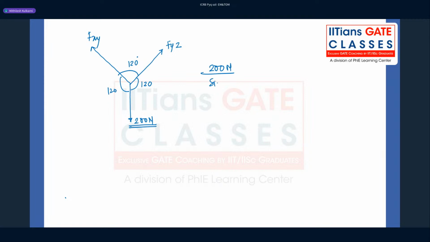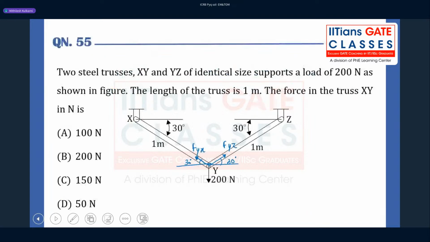So 200 Newton divided by sine of 120 has to be equal to Fxy divided by sine 120, is equal to Fyz divided by sine of 120. We can clearly see the denominators cancel out, and you can clearly write Fyx is equal to Fyz is equal to 200 Newton. Okay, the answer is option B in this case, which is 200 Newton.